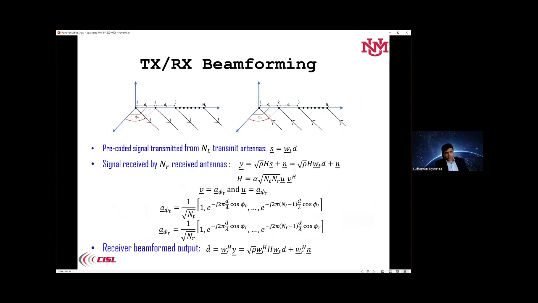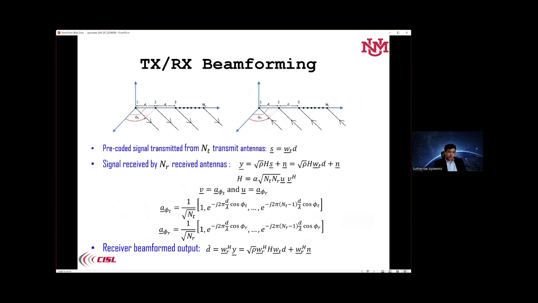So here is a simple case of transmit and receive beamforming. If you consider the transmit receive beamforming problem, you can easily characterize what the optimal beamforming vector should be.